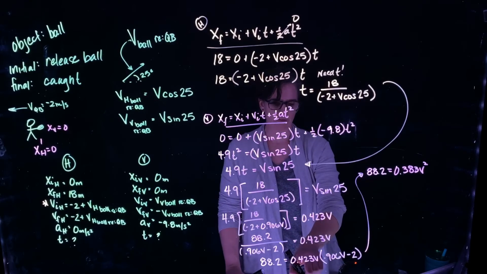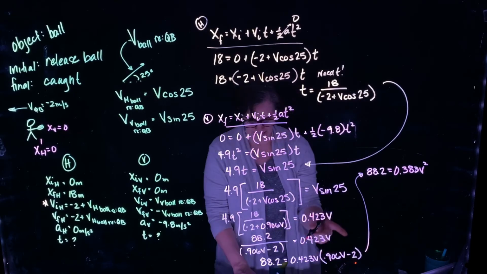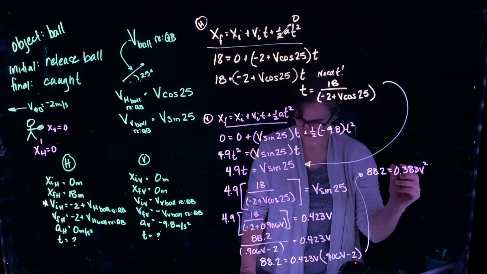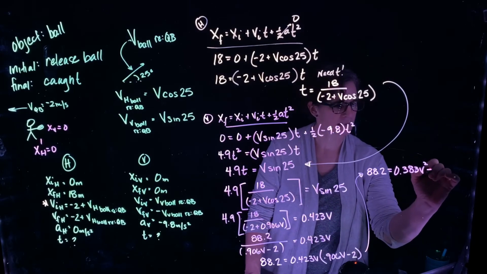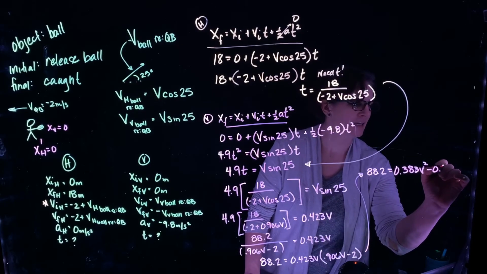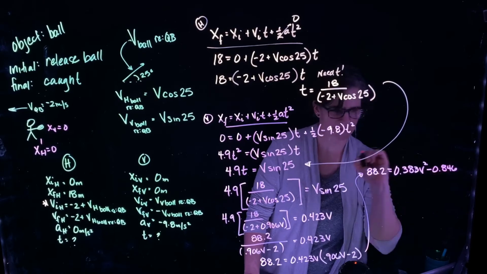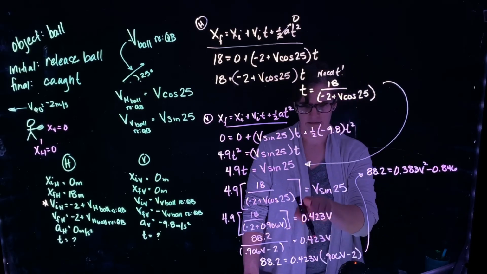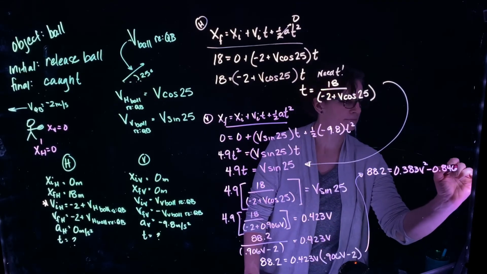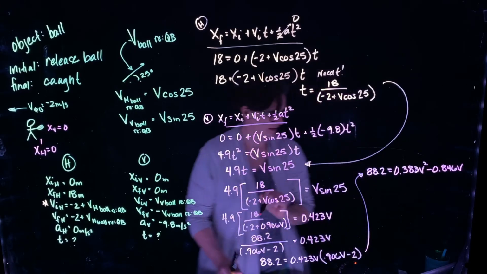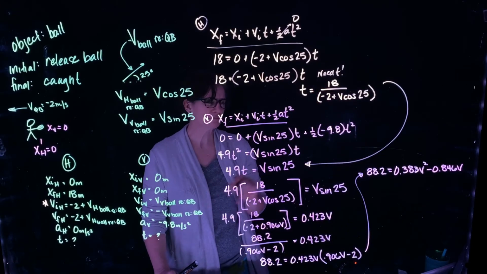And 0.423 times negative 2 is minus 0.846v. All right, so I'm left with that.